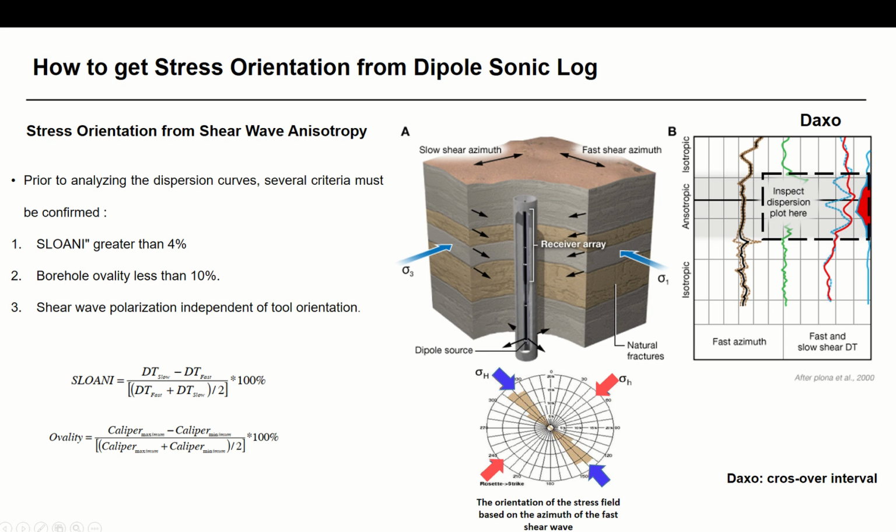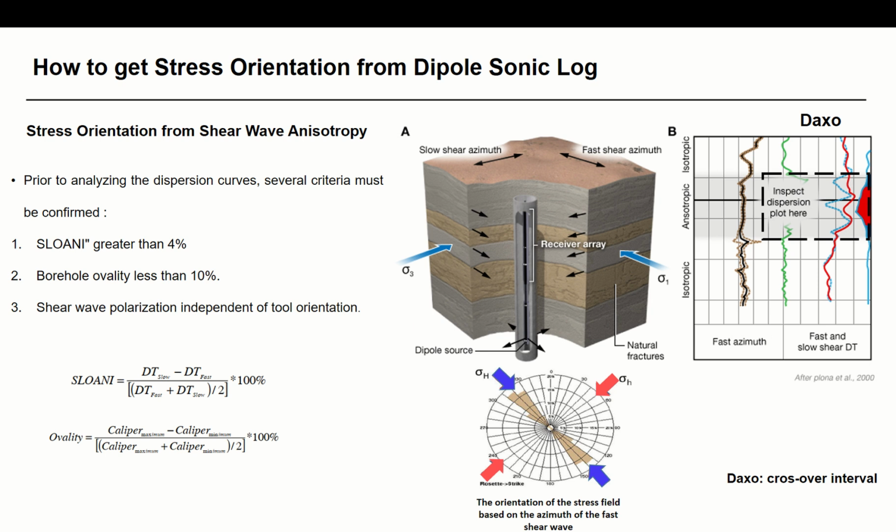But before interpreting these shear wave dispersion curves, it is essential to validate a few key quality control criteria to ensure that the data is suitable for stress orientation analysis. The first criterion is the slowness anisotropy.